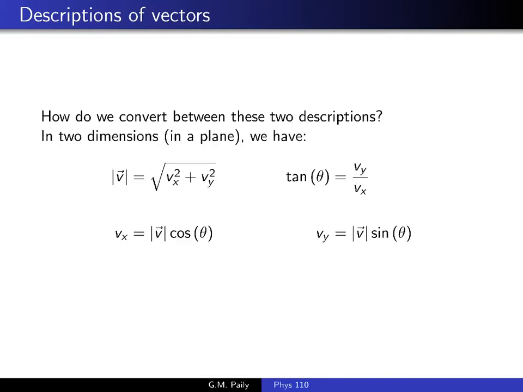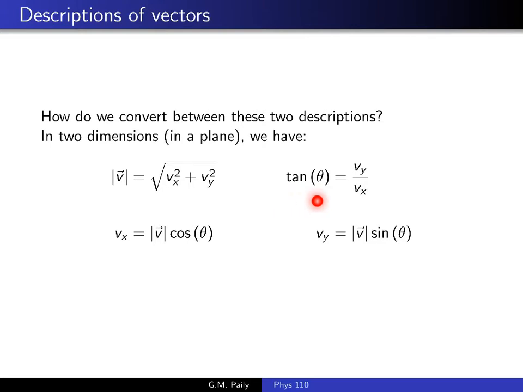If your vector lies in a plane in 2 dimensions with only x and y components, we can use the following relations. The magnitude of V is given by the Pythagorean theorem. You take the x component, square it, the y component, square it, and then square root the whole thing, and that gives you the magnitude.